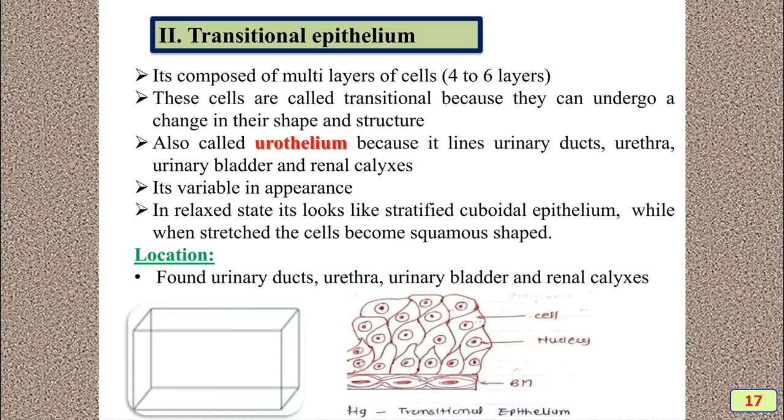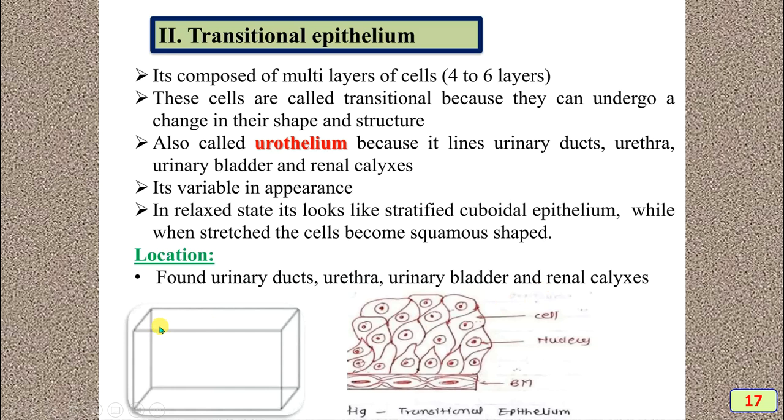They are also called urothelium because they always line the urinary tract: the urethra, urinary bladder, and renal calyces. So it's variable in appearance, with no uniform structure. In a relaxed state, it looks like a stratified cuboidal epithelium, while stretched, the cells become squamous. So they are stretchable, especially found in the urethra, the ducts, the urinary bladder, and renal calyces.